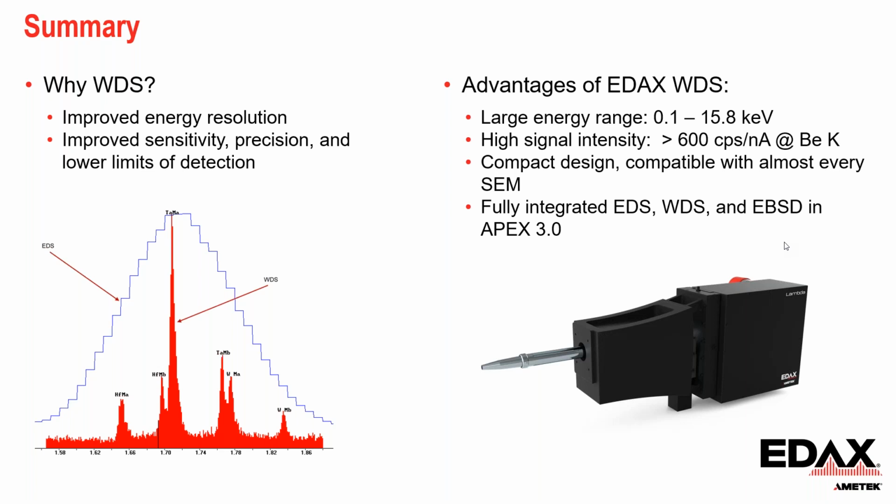It has a compact design. It fits on all of the WDS ports and most of the standard EDS ports on almost every SEM. And we have fully integrated EDS, WDS, and EBSD functionalities in one software platform, the Apex 3.0.